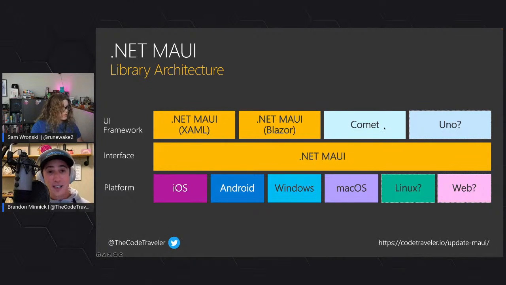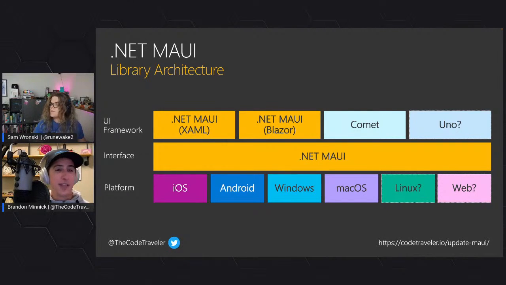And plus, it's, well, we'll say easy, we'll throw that in quotes, to create your own UI framework and just plug it into .NET MAUI, again, as long as you implement these interfaces. And so I put another one up here. There's a popular .NET cross-platform UI framework called Uno that's out there. And Uno, when it was first made years ago, runs on a lot of the Xamarin technologies.